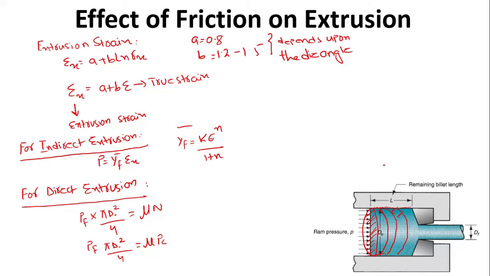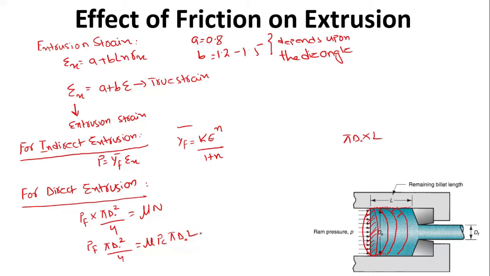So what is the formula for circumference? As you know, the circumference is equal to pi d naught. So we have pressure exerting along this whole circumference for the whole length of L.